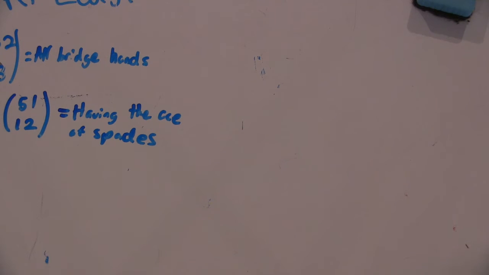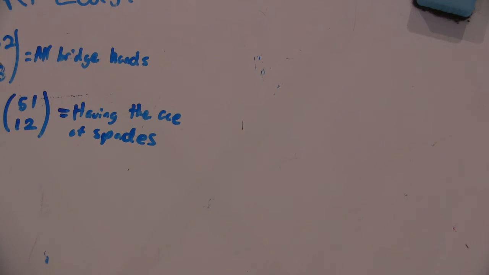Okay. So, let's see. Looking at the 51 choose 12 hands, we're just looking for the ones that have at least one more ace out of those. So I think we can do a similar complementary counting technique and look at the ones that have no aces.